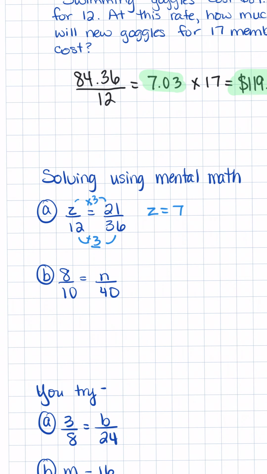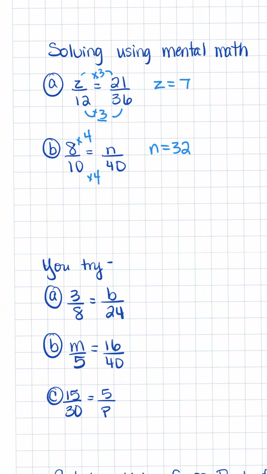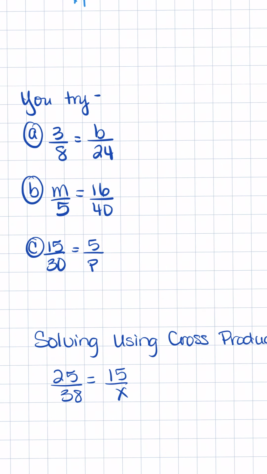Just looking at B, I can say 4 times 10 equals 40. So I'm going to take 8 and multiply by 4. 8 times 4 is 32. n equals 32. Okay, see if you can do these next 3 on your own.